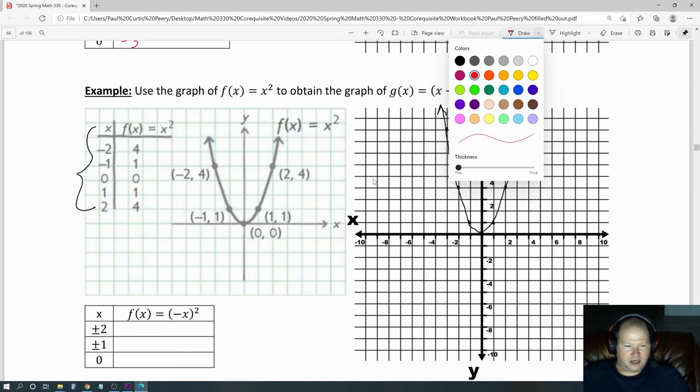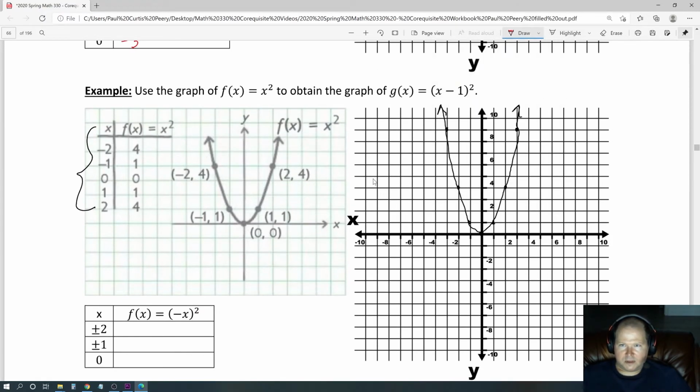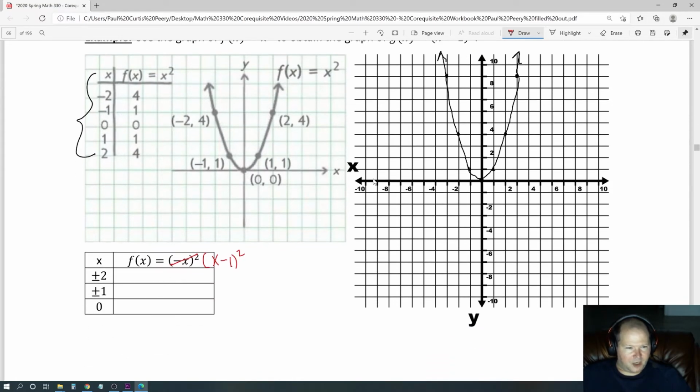That was the original. Let's see what happens with the transformation. This is a typo, so this really should be (x minus 1) squared. There we go. Let me write this out.